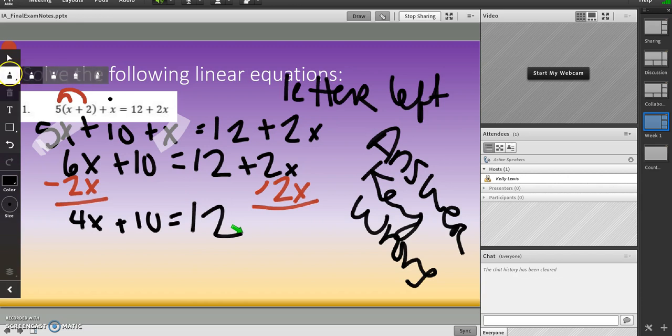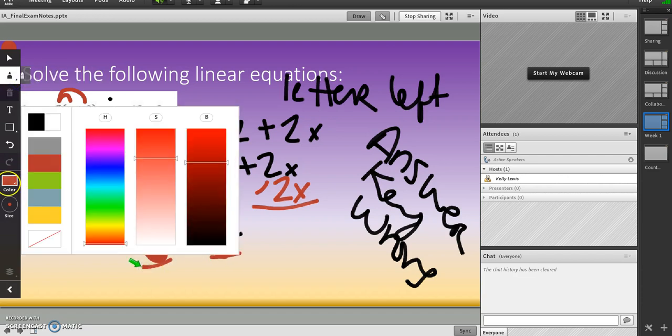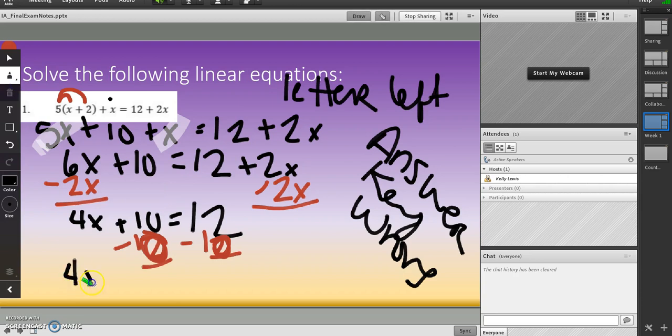All right, then I want to take the constants, the regular numbers, and move them to the right. 10 minus 10 minus 10. And so I get 4x equals 2, because 12 minus 10 is 2. That 4 is being multiplied, so I'm going to divide.